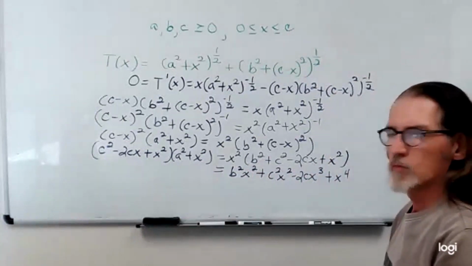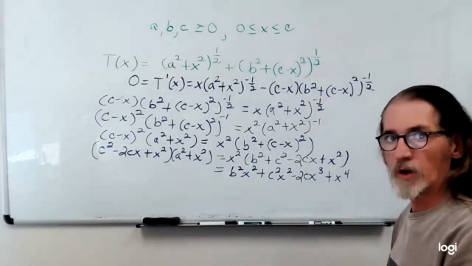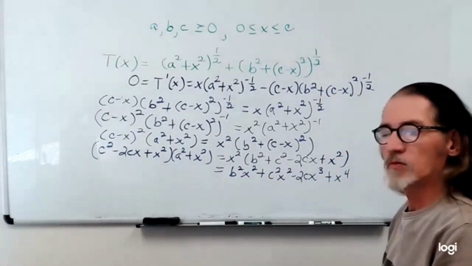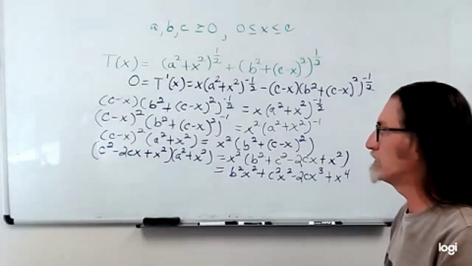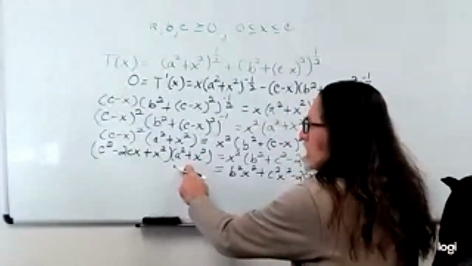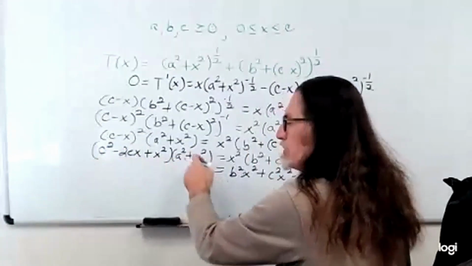Seeing the x cubed and the x to the fourth is making this look really not so nice, along with the fact that we also have the a, b, and c in there, but x is what's being treated as the variable. On this side, I'm distributing the a squared, and then I'll add to that distributing the x squared.